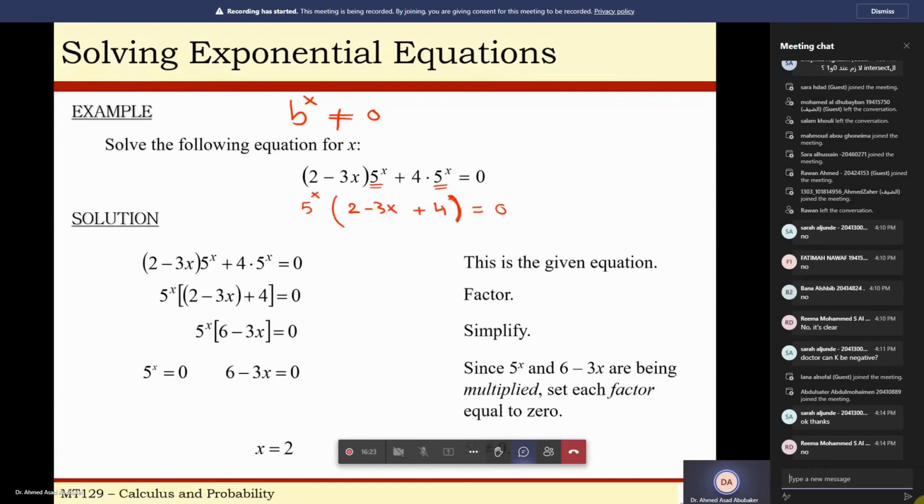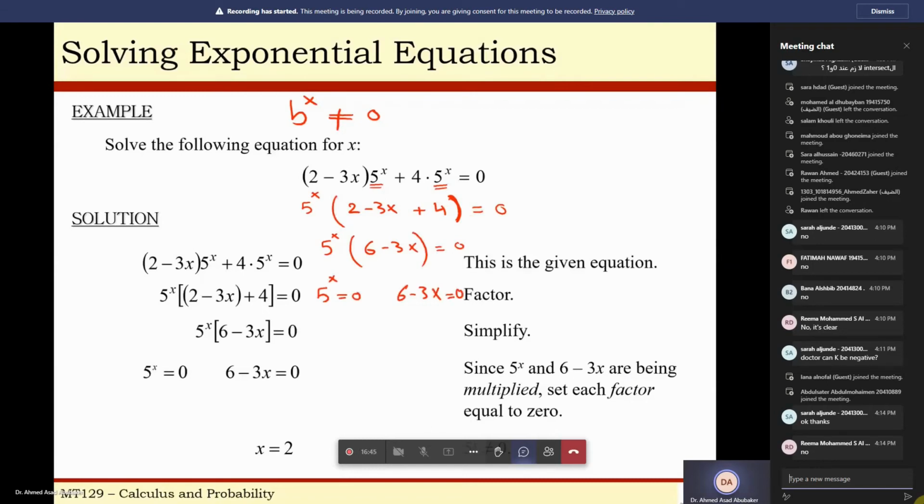After simplifying, we have 5 to the power x, and inside the brackets 2 plus 4, 6 minus 3x, equal to 0. So we have two options: 5 to the power x equals 0, or 6 minus 3x equals 0.